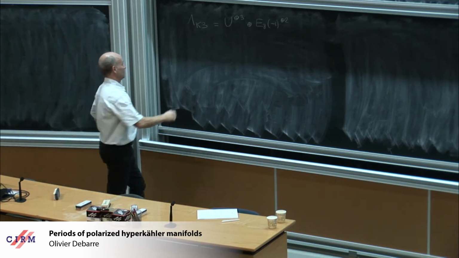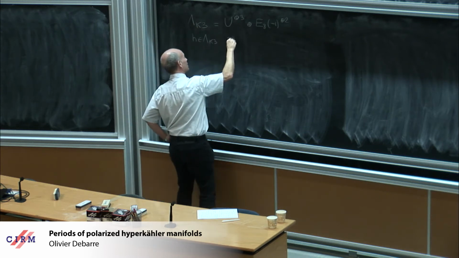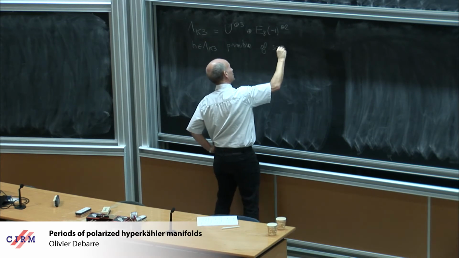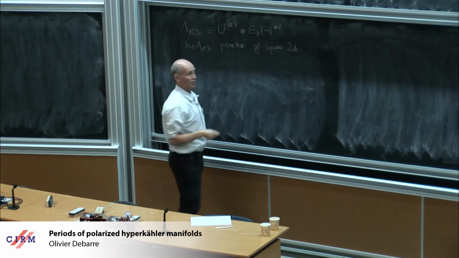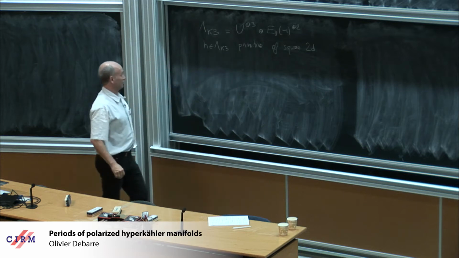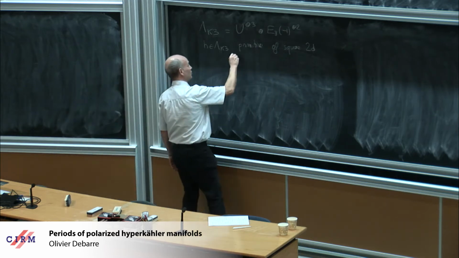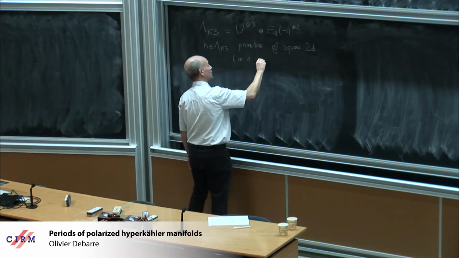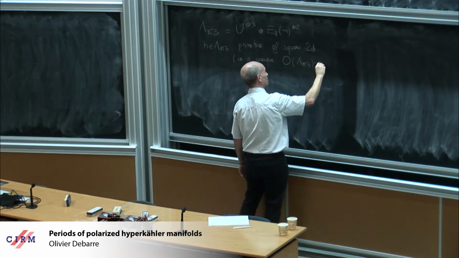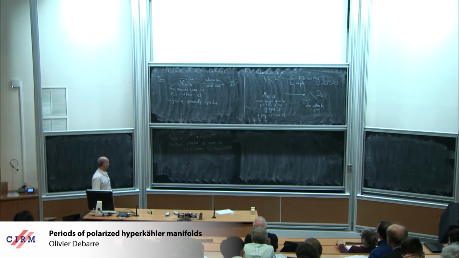Inside this lattice, I want to choose an element H, which is primitive of square 2D. Okay, D is the same integer as before. And so the fact that this is a unimodular lattice tells you that all these elements are in a unique orbit under the group of isometries. Okay. So it doesn't really matter which element you choose.